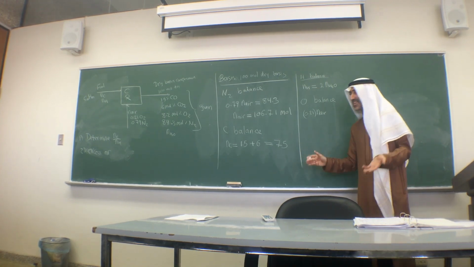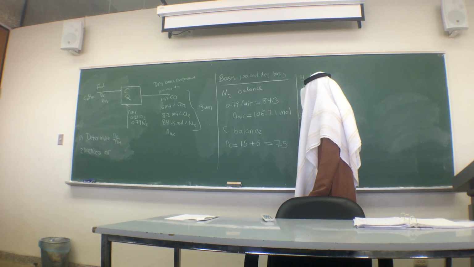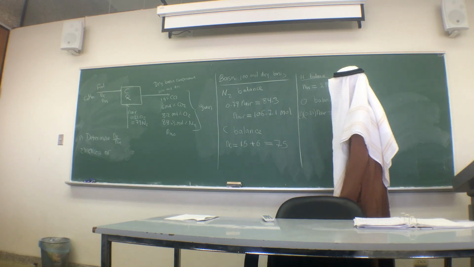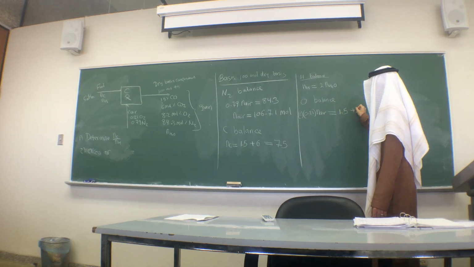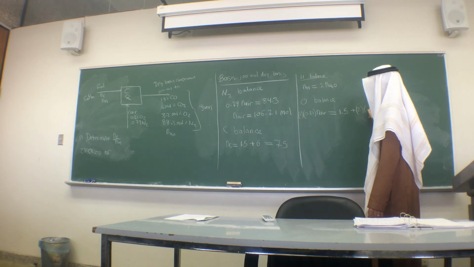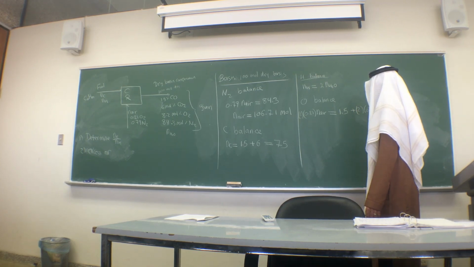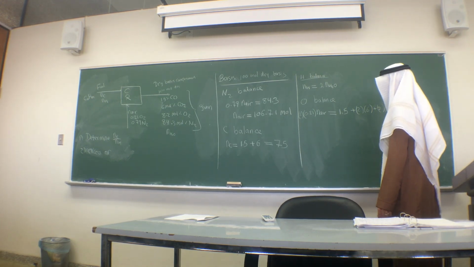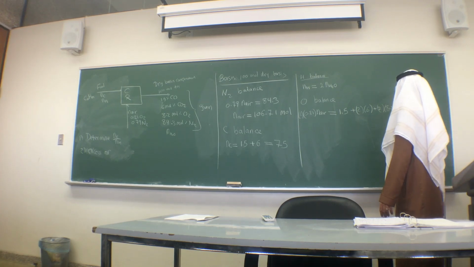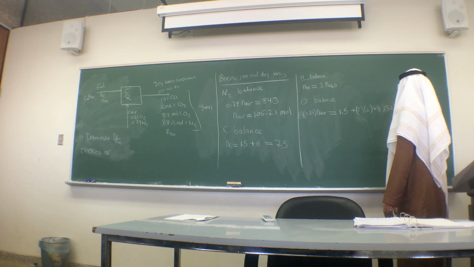This is again the common mistake. So times 2 equals 1.5 plus 2 multiplied by 6 plus 2 multiplied by 8.2 plus N H2O.